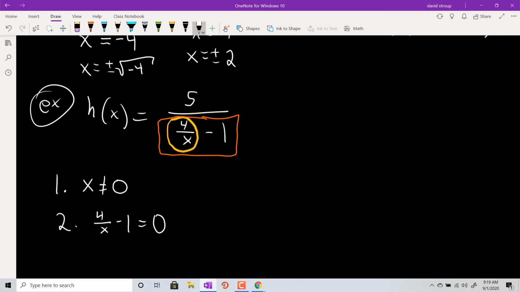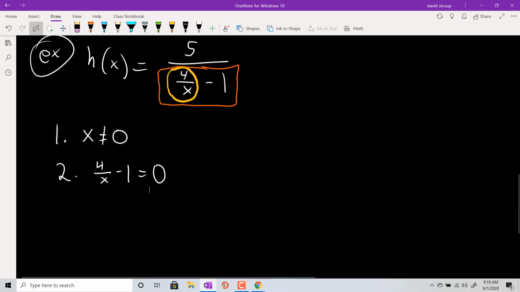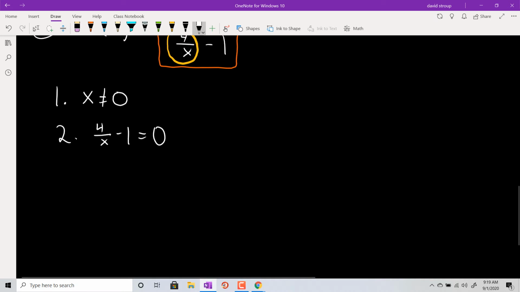That is a rational equation, and to solve it, we multiply by the denominator to get rid of the fractions. So I'm going to multiply both sides by x. On the left-hand side, you could distribute. So 4 over x times x, the x's cancel, and you get 4, minus x times 1 is x.